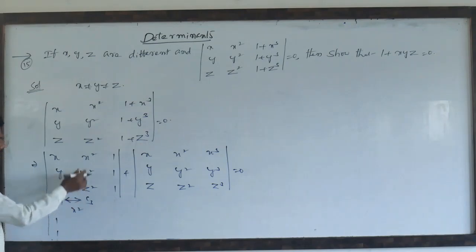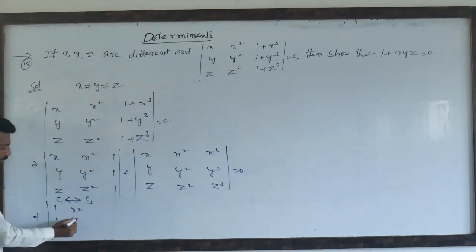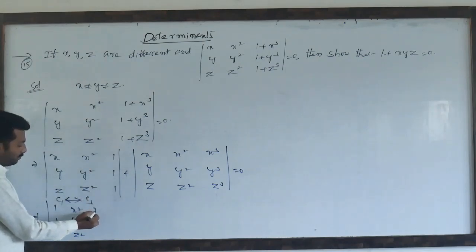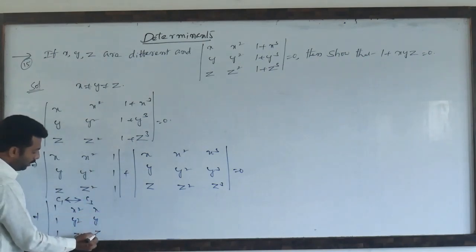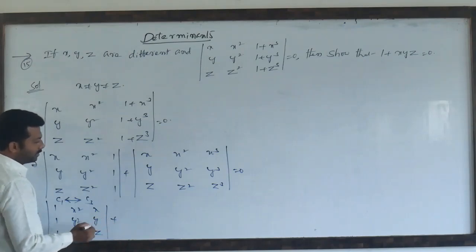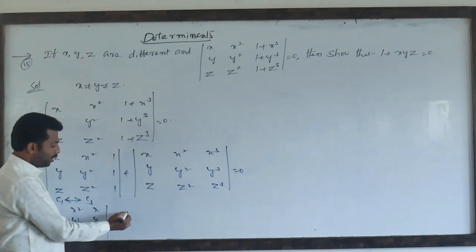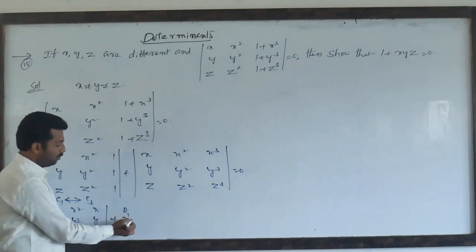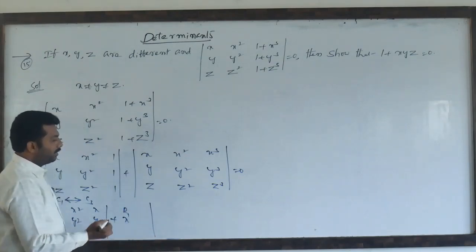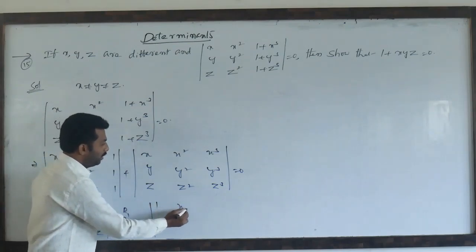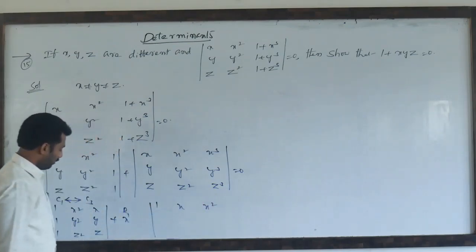Now the second column is x square, y square, z square, and the third column becomes x, y, z. From the first row, x I am taking common, so the remaining terms are 1, x square.